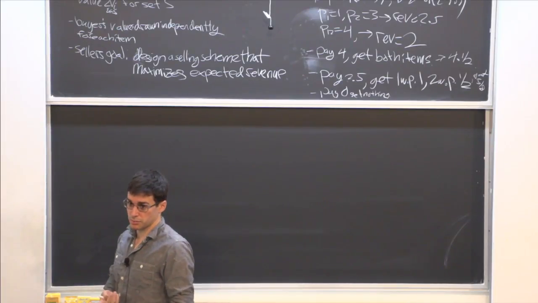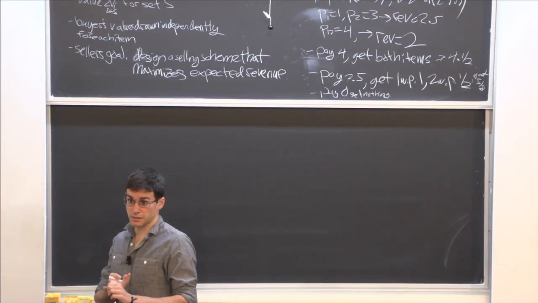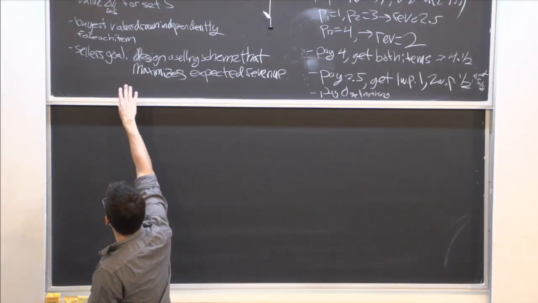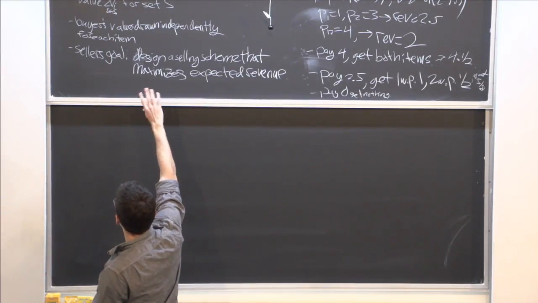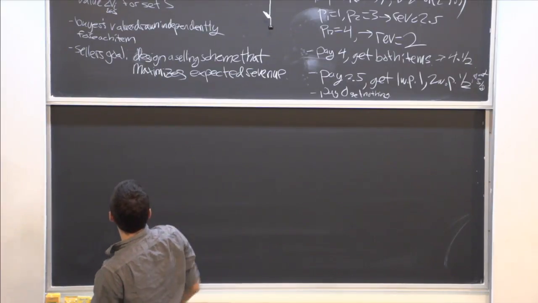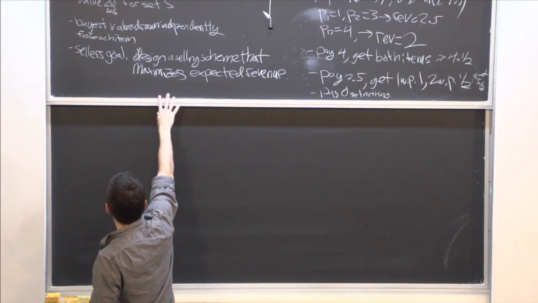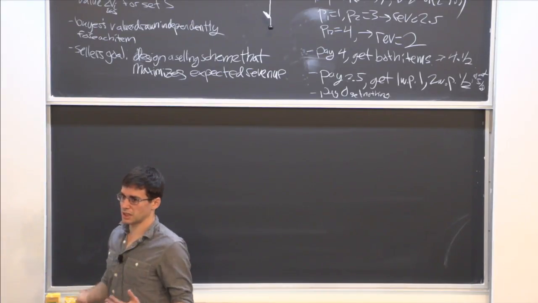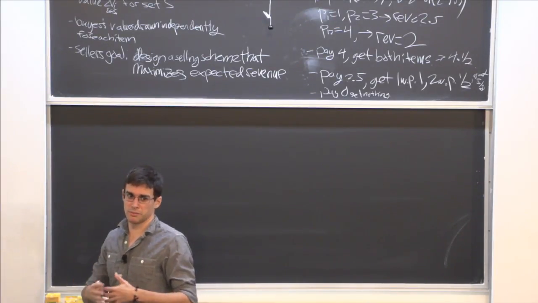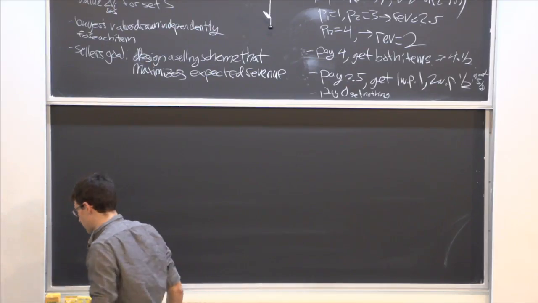So I want to look at multiple buyers and multiple items. But I still want the buyers to be additive. I still want all of the buyers' values to be drawn independently for each item and for each buyer. And the seller's goal is still going to be to maximize their expected revenue. I just need to be a little bit more formal about what it means to maximize revenue.